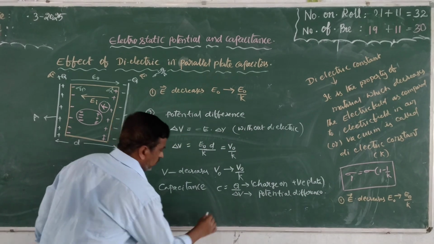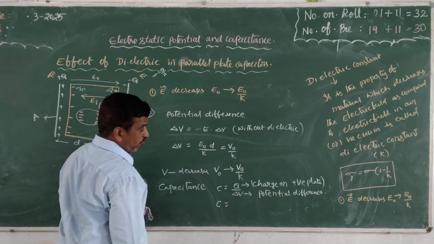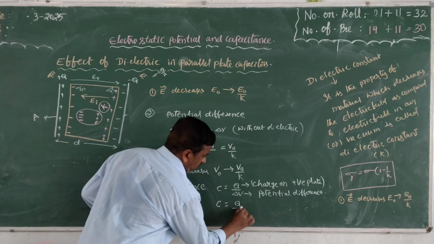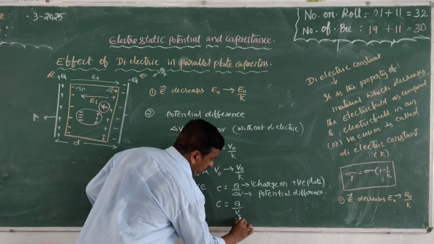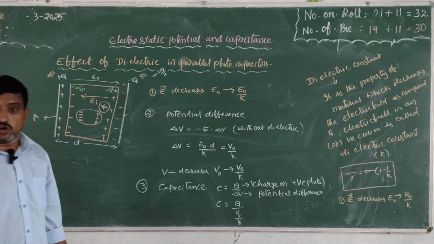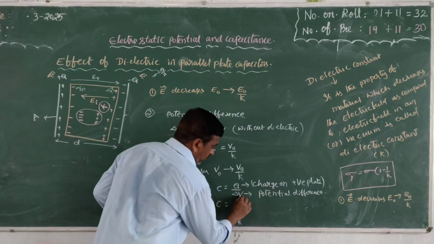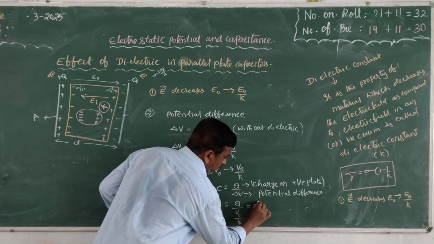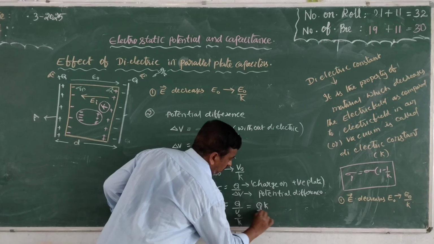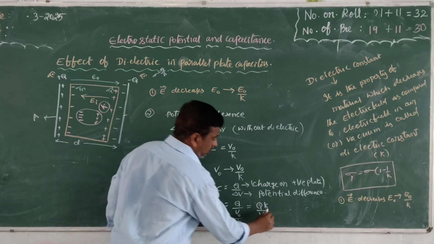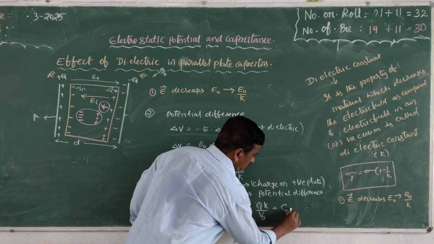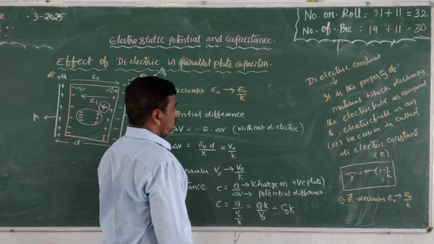Q stays the same. When the dielectric is placed, delta V changes from V naught to V naught by K. So instead of delta V we write V naught by K, giving Q K by V naught. Q by V naught gives C naught, so we get C naught into K.